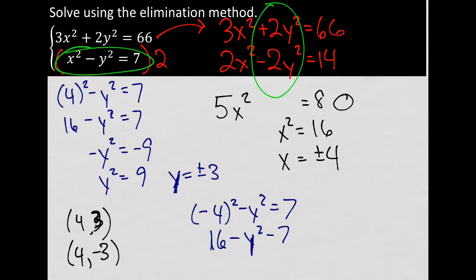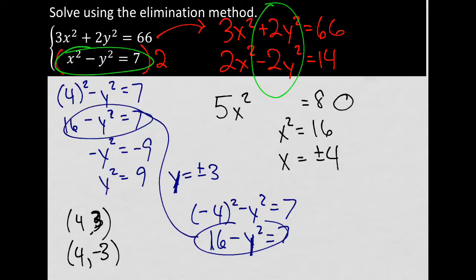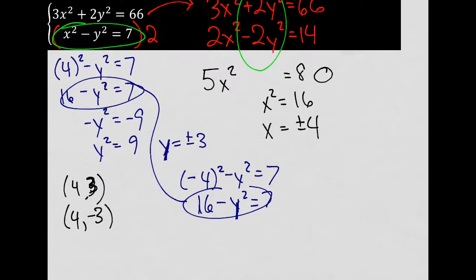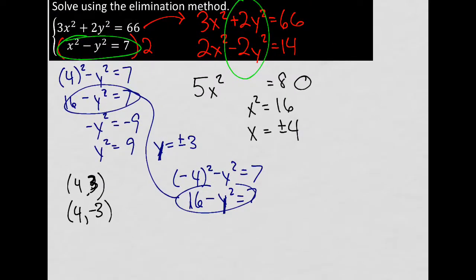At this point, do you recognize that this equation got to the exact same place that this one did? If you didn't recognize it, you're just going to keep solving it, and that's fine. Subtract 16 from both sides, and negative y squared equals negative 9. So y squared equals positive 9, and y again equals plus or minus 3.